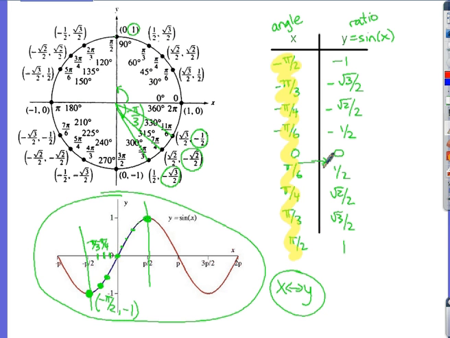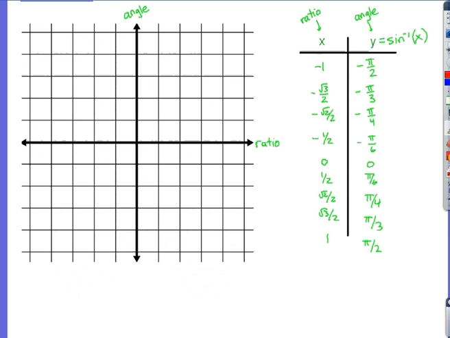I've already done that for you. I'm going to flip the screen, and you'll see the table of values is already switched over. Right away, please notice that these are now the ratios, and these over here are the angles. So essentially, all we have to do is graph that.